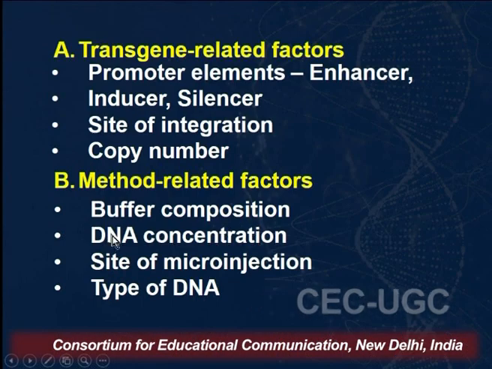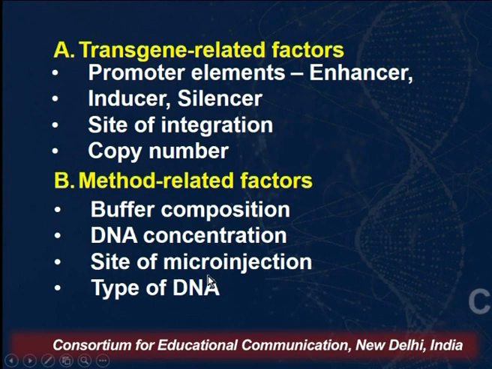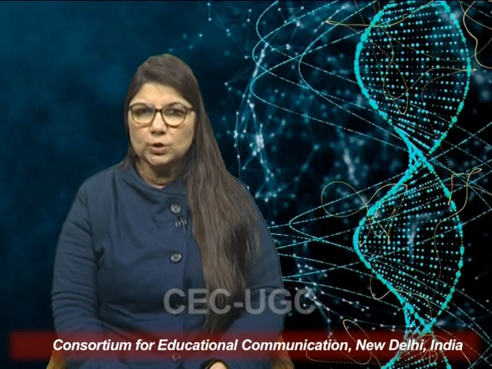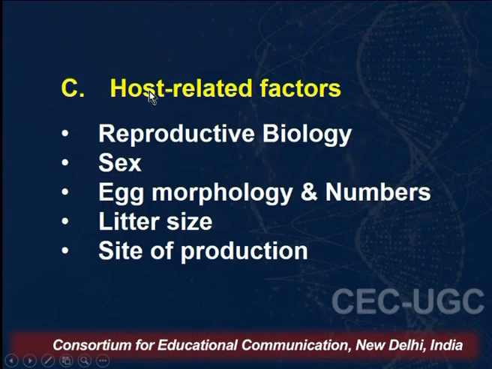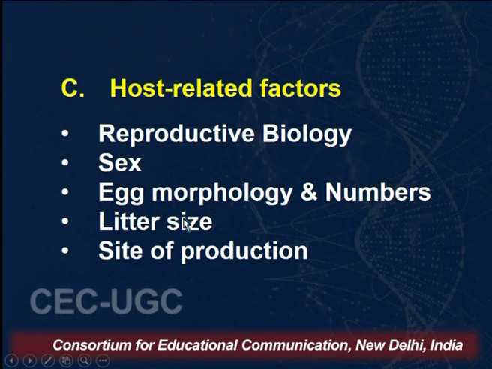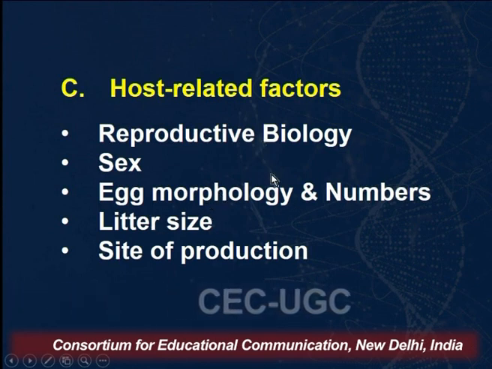Method related factors include buffer composition, DNA concentration, site of microinjection, and the type of DNA. In host related factors, the particular reproductive biology, the sex stage, the egg morphology, the litter size, and the site of production are all going to influence the production of the transgenic mice.